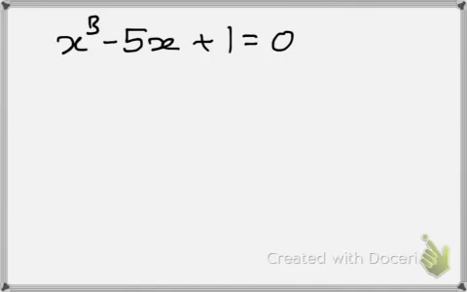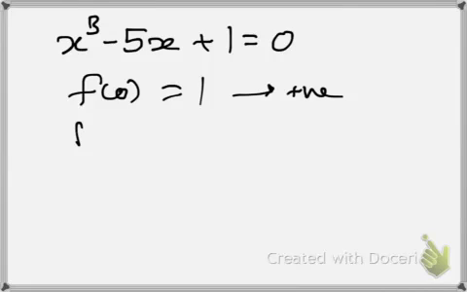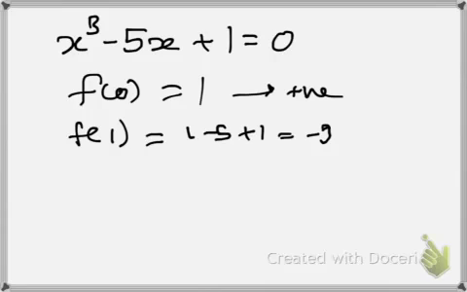Now, because this is the equation x cube minus 5x plus 1 is equal to 0, let us find one root for this cubic equation. Let us first find out f of 0. F of 0 is 1, which is positive. F of 1 is 1 minus 5 plus 1, that is equal to minus 3, which is negative.